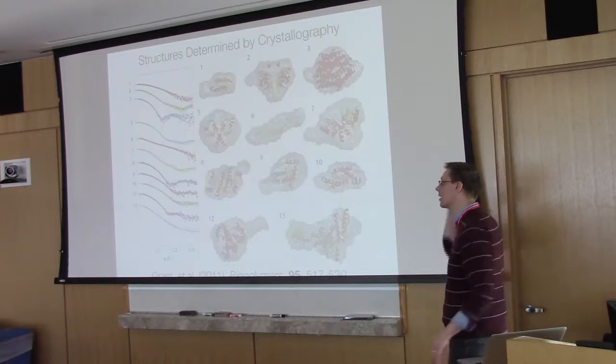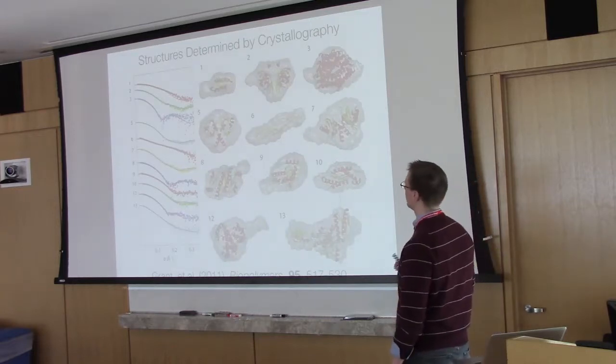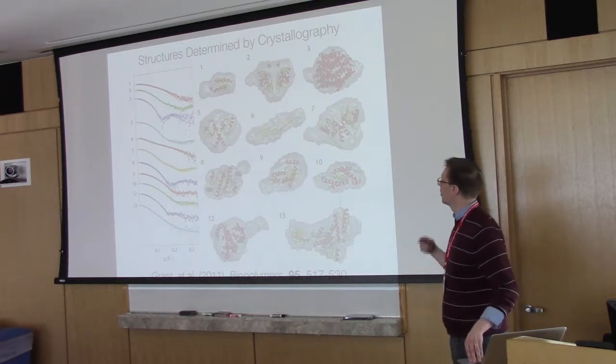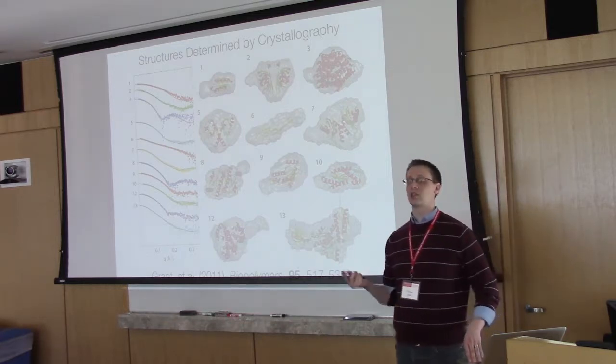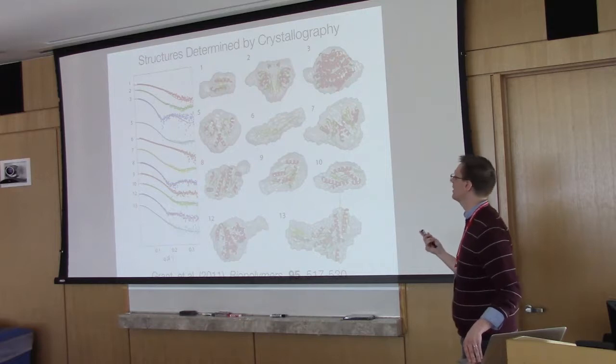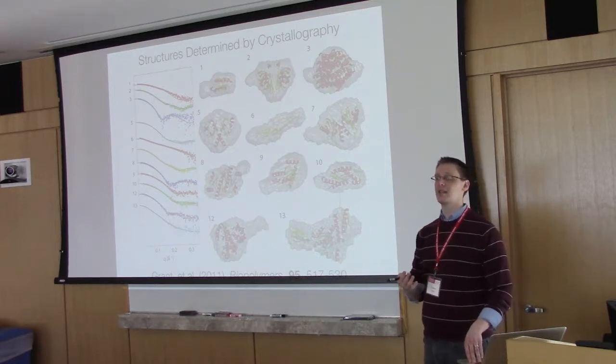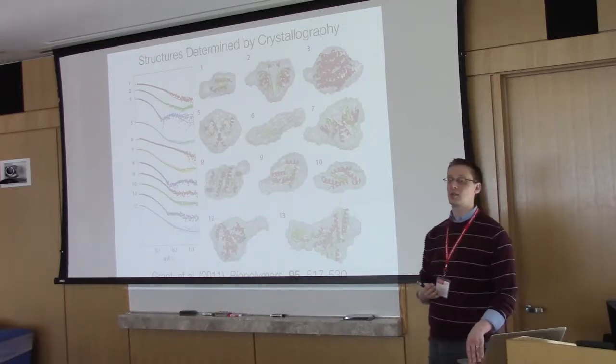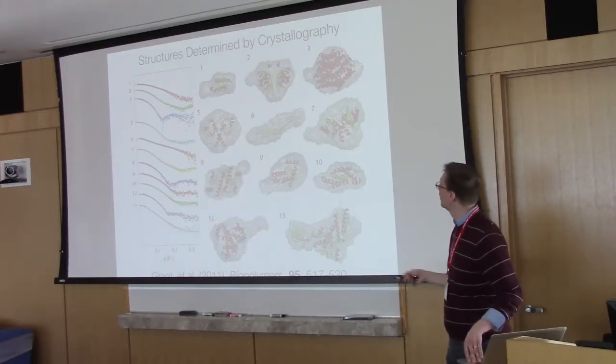Okay, so now I'm going to show some examples from some real data. In these cases, the structures from crystallography were known. This gives you an idea of how well the SAXS data can reconstruct ab initio envelopes and reproduce what it actually should.